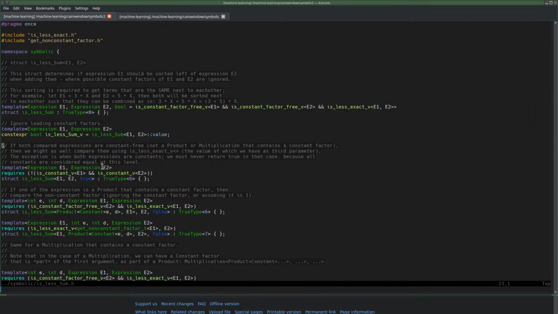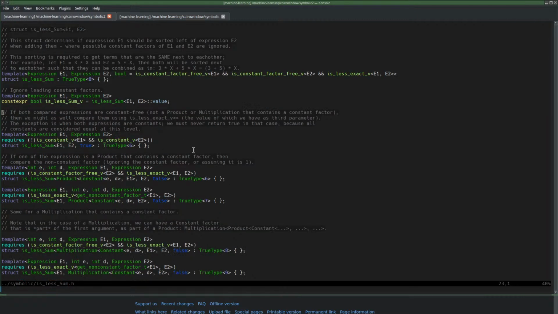Right, next. Product. If one of the expressions, I guess, is a product that contains a constant factor, then compare the non-constant factor, ignoring the constant factor or assuming it is 1.